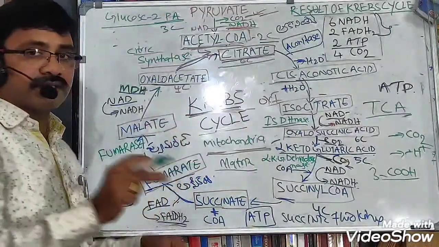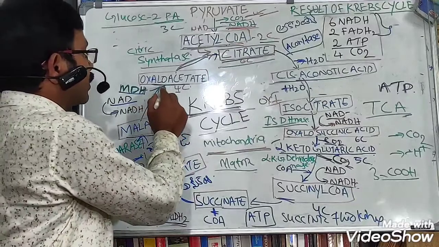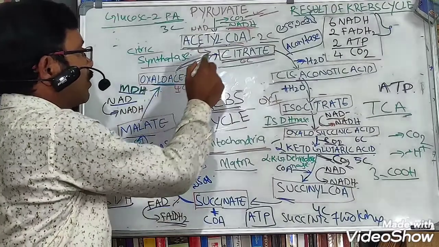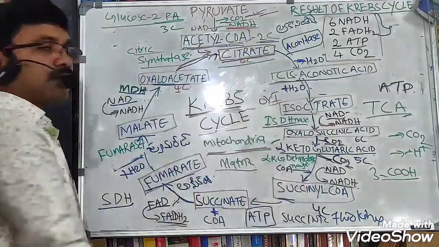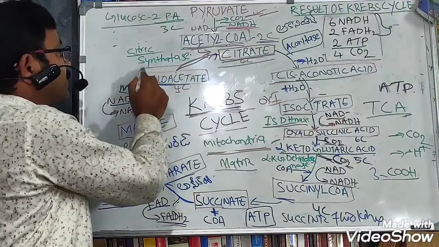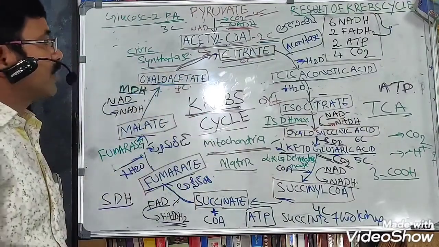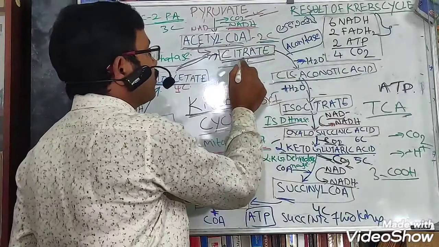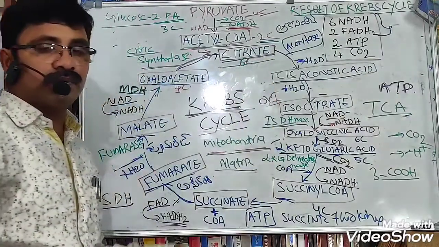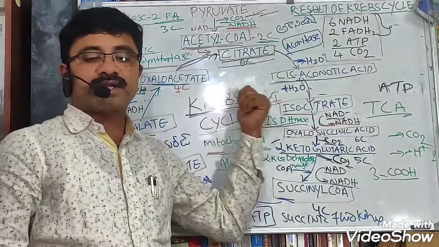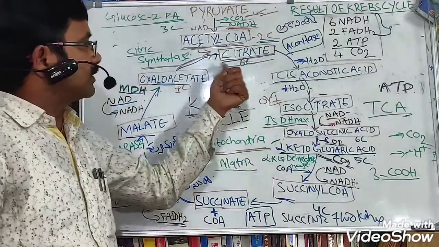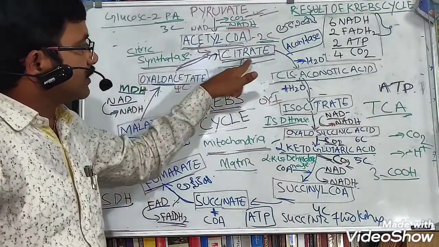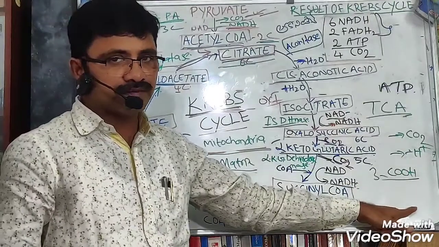Okay, the first reaction is the condensation, in which 4 carbon oxaloacetic acid combines with 2 carbon acetyl CoA in the presence of citric synthetase enzyme. So it results in the formation of a 6 carbon compound, that is citric acid. I told you citric acid contains 3 COOH functional groups.